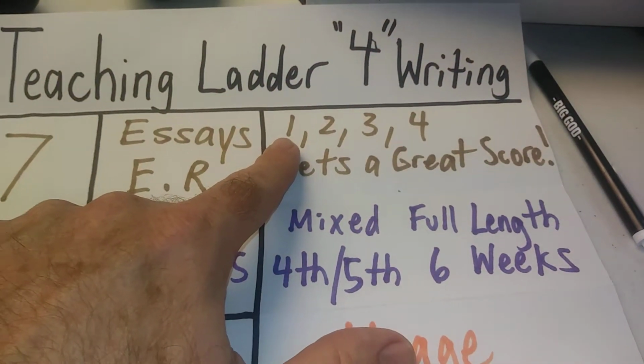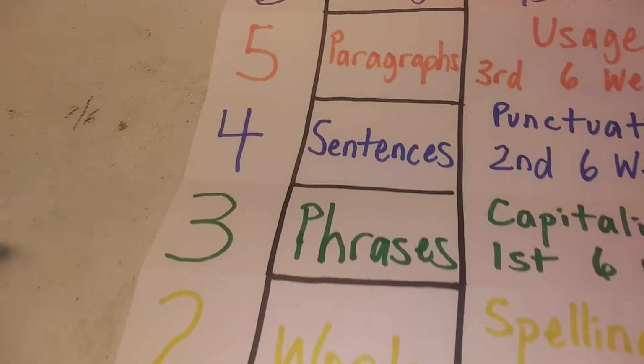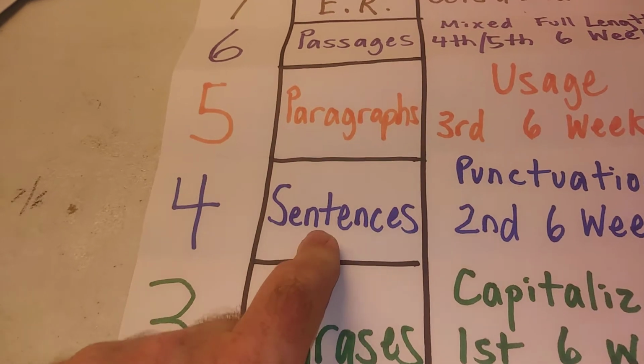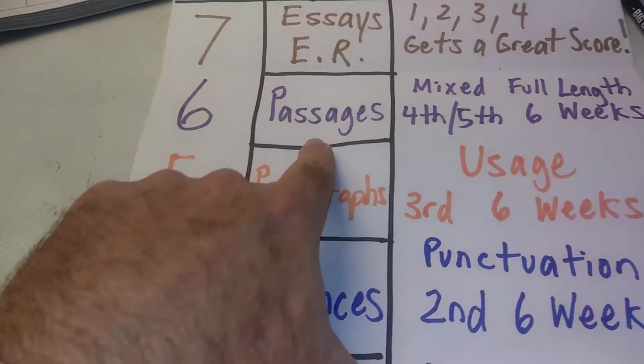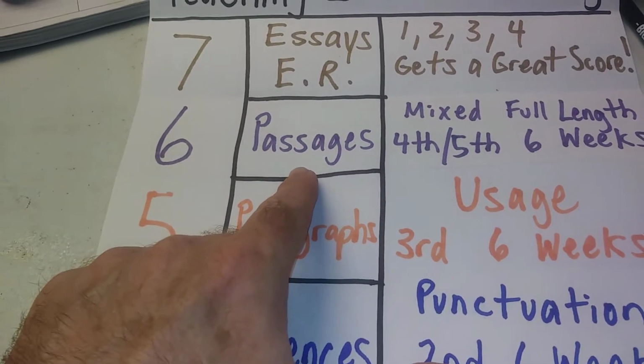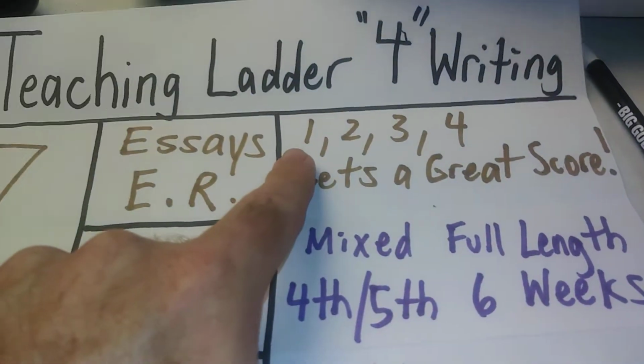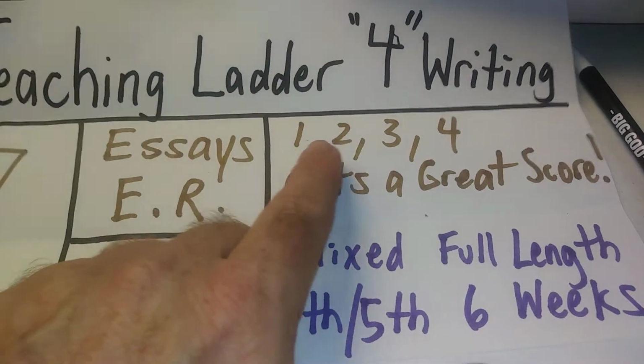You're just trying to do one essay in the whole 6 weeks, and you'll be adding words to the essay, adding phrases, adding sentences, and of course adding paragraphs, and then your whole passage is like an introduction and a body and a conclusion that you can hopefully cover by the end of the first 6 weeks.